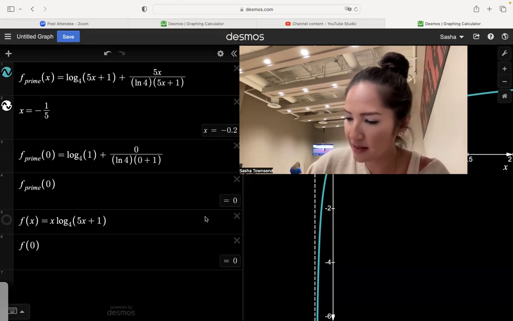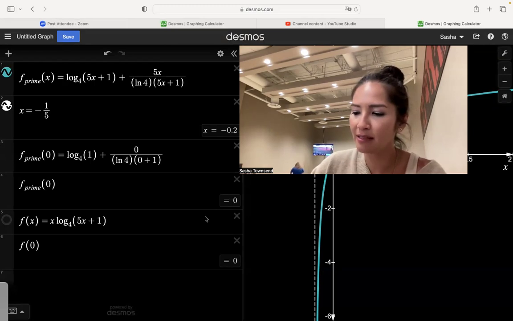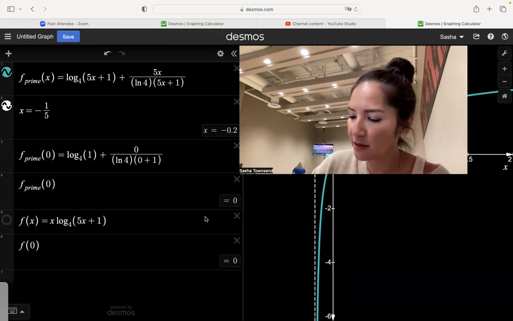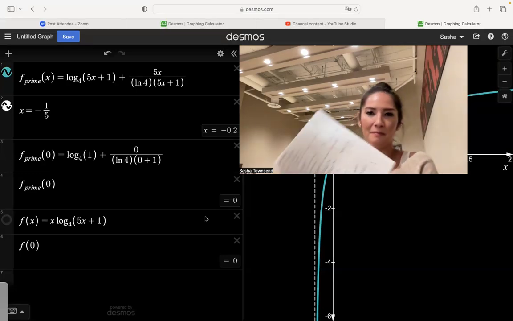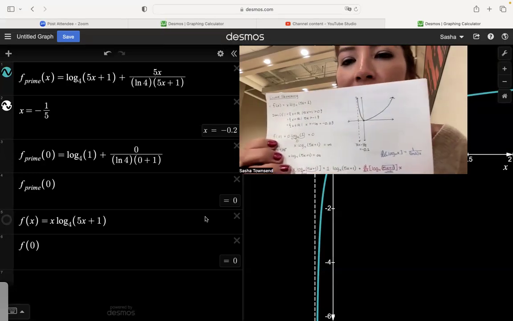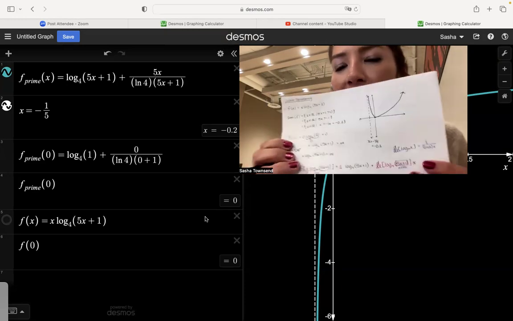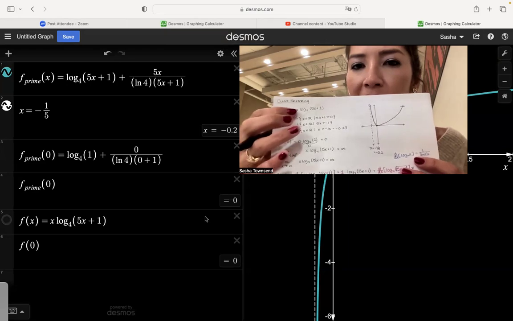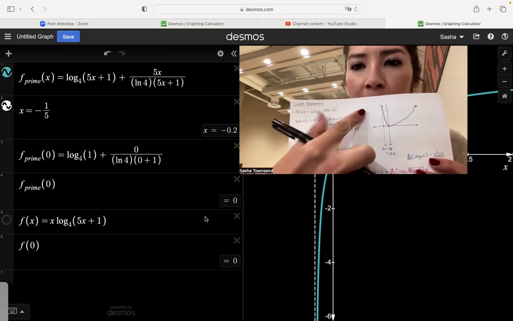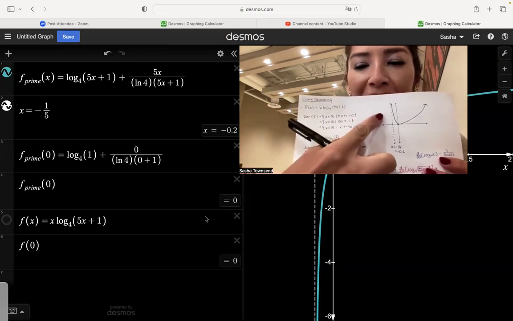So we're going to have a function that is concave upward the entire time. It's decreasing until you get to 0, and then it's increasing from 0 to infinity. So roughly, it's going to look like that. Is it flipped? So we've got a vertical asymptote right there.